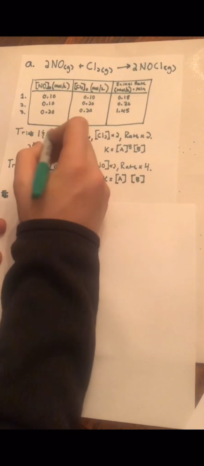Because of this, we can see that Cl2 is doubled and the rate is doubled. Therefore, we can set up the equation 2 to the x equals 2, which of course x can be solved for 1.